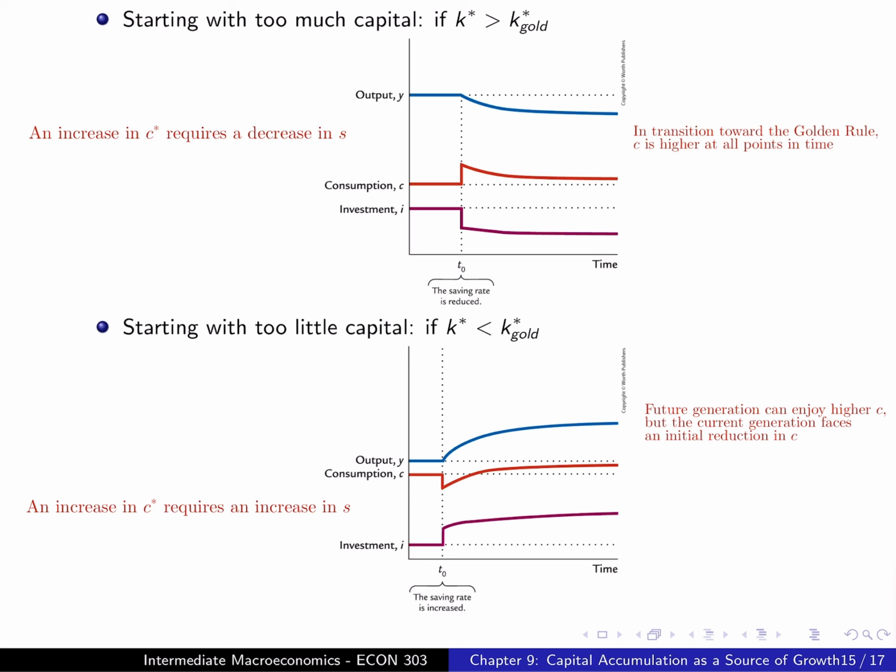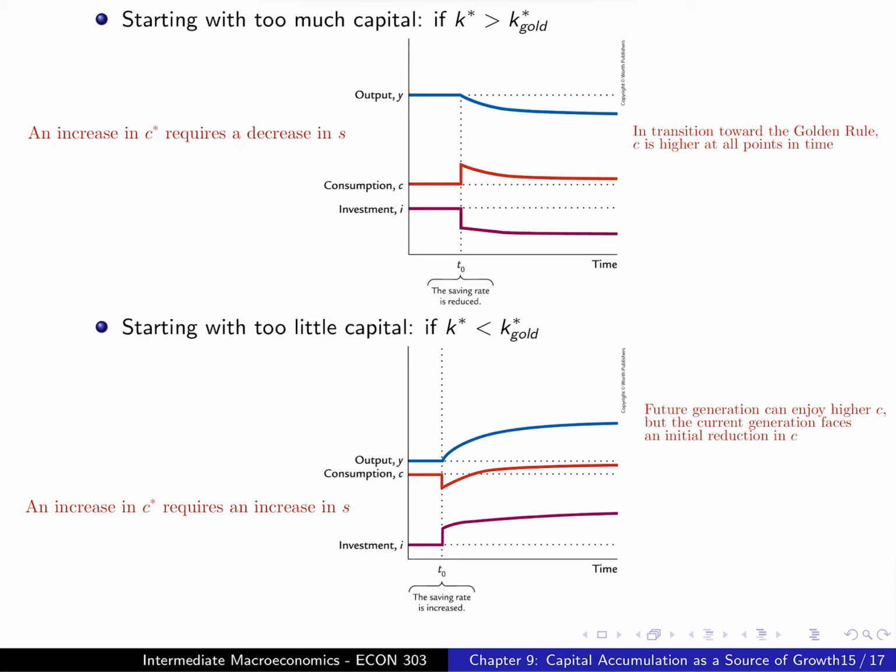At time t0, policymakers reduce the saving rate in order to move closer to the golden rule steady state. Immediately after the reduction in the saving rate, consumption lowercase c jumps up, investment lowercase i decreases, and output lowercase y initially stays the same because capital stock has not yet changed.